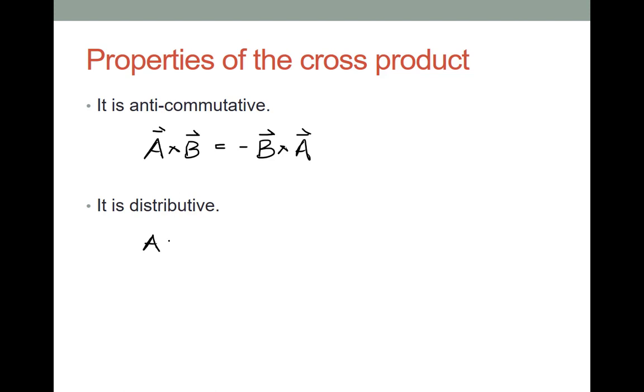So if I have A cross (B plus C), that gives me A cross B plus A cross C. We actually already used that property when we did our first calculation of a cross product.